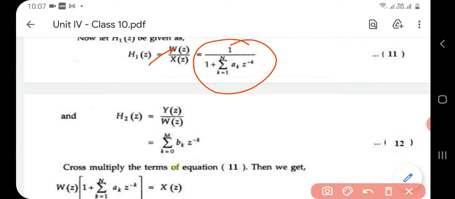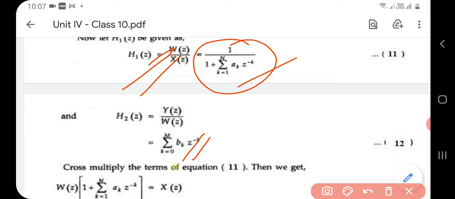Now the H1(z) in direct form 2 is actually H2(z) in direct form 1, or we can say that H1(z) in direct form 1 is the same as H2(z) in direct form 2, whereas H2(z) in direct form 1 is the same as H1(z) in direct form 2, right?